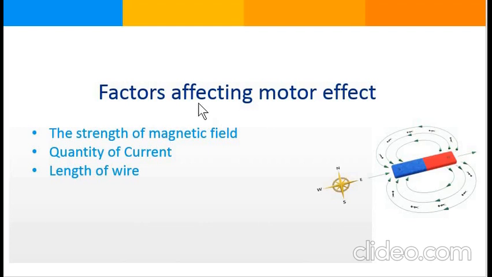Since it is produced by two things, the magnetic field in which this current carrying wire is present and the quantity of the current, because the current itself is producing one of the magnetic fields, right? So the two main things on which this motor effect will depend, the first one is the strength of the magnetic field. By strength of magnetic field I mean how powerful a magnet you are using.